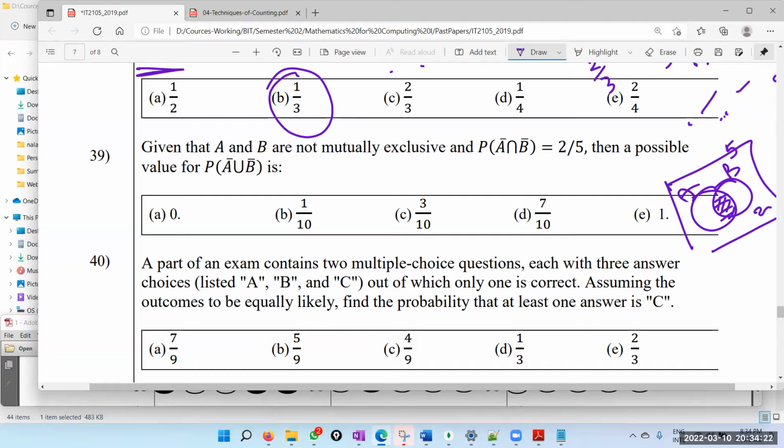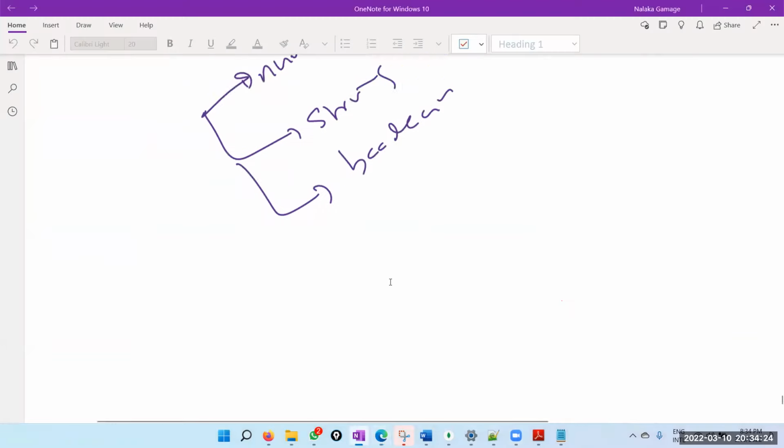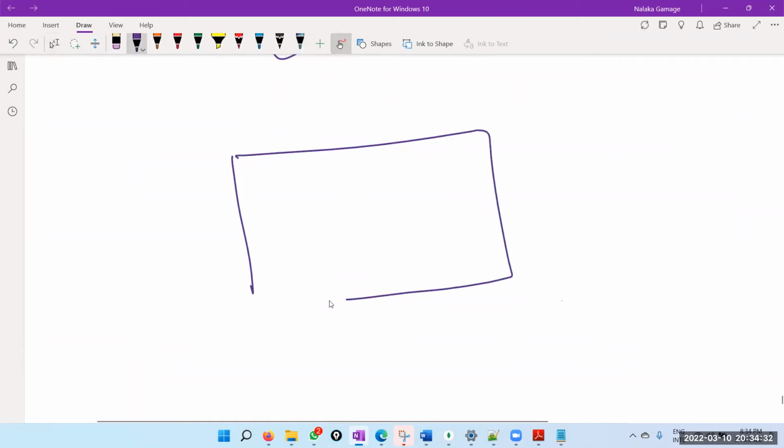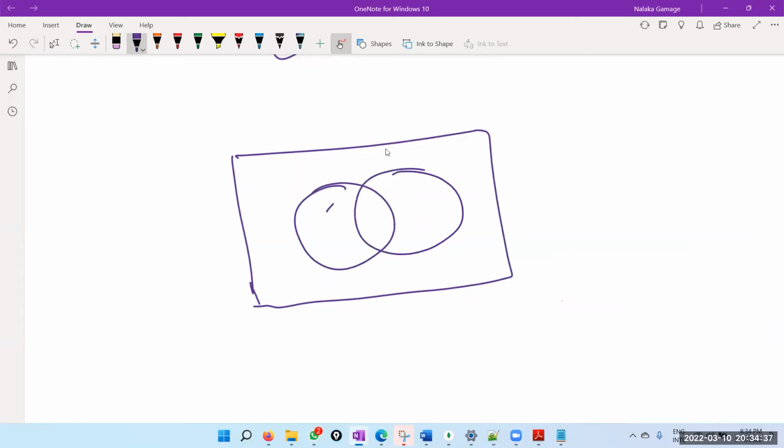Let's draw it. Right. So this is A, this is B. What we need is A bar. Let's draw A bar, not belonging to A. Right.